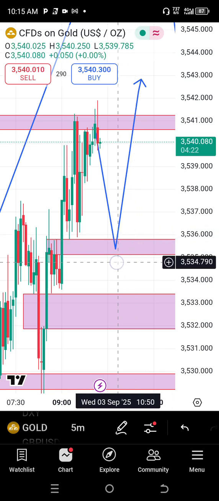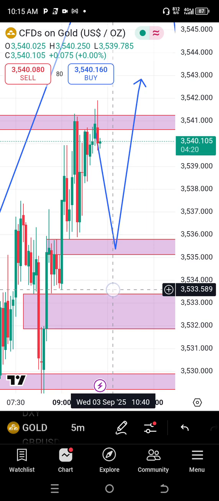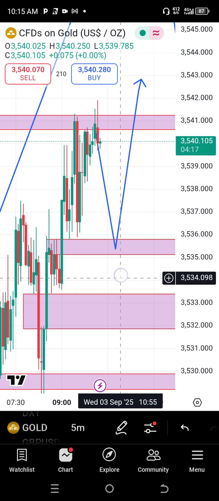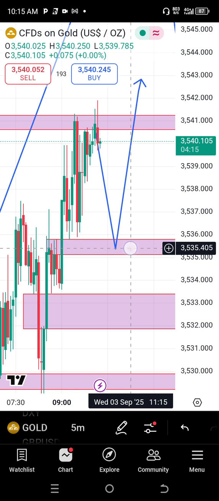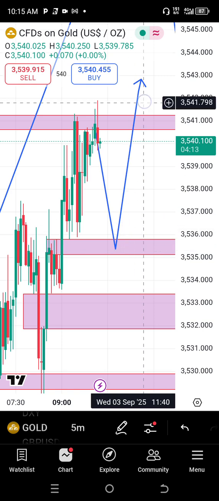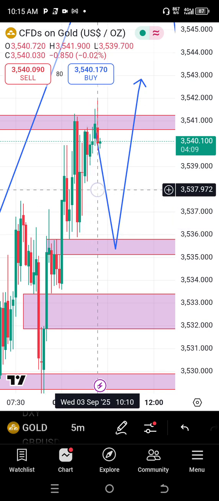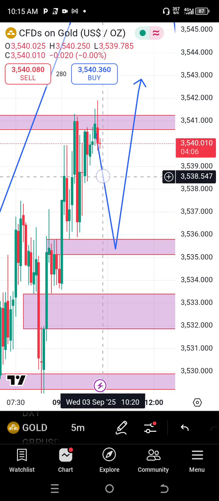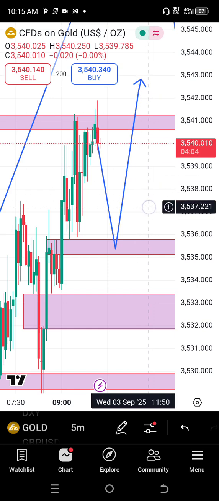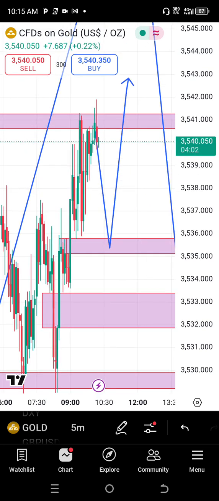You can set your stop loss in this area like 20 pips below, and then enter from this area, and you can take your profit on this high. That is going to give you up to like 60 pips profit. So that's what we are expecting presently if it actually holds.